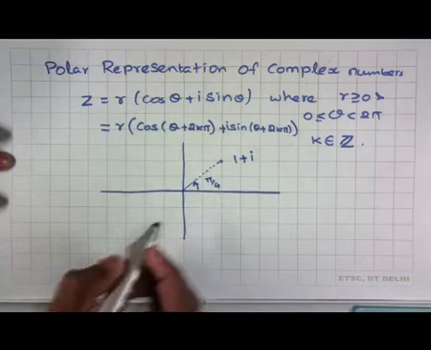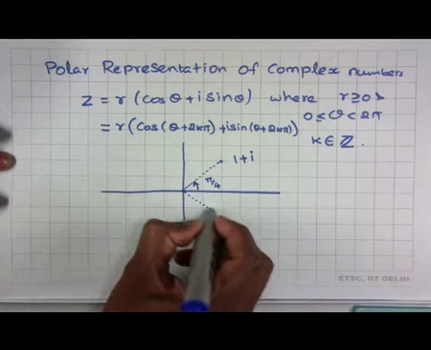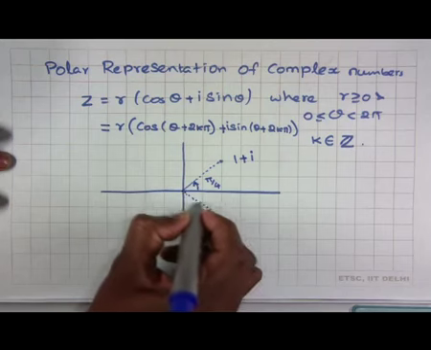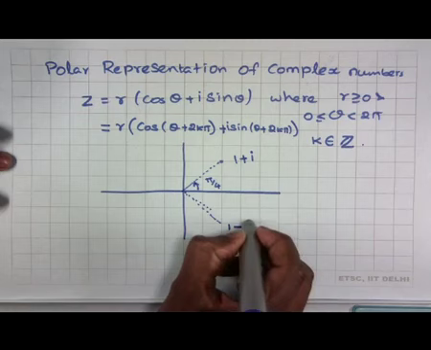Okay. So, let us see one more point, which I consider as its conjugate, that is 1 minus i.